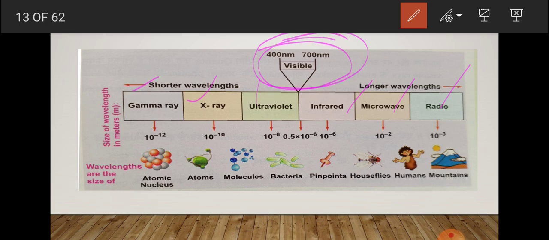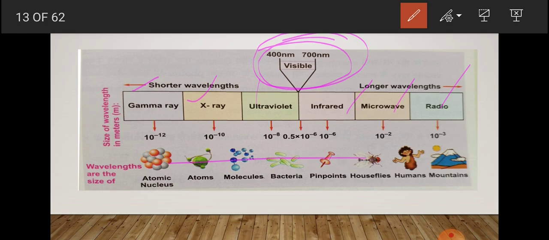After 10 to the power minus 6 second, they will return back to their original place. And when molecules come back to their normal energy state, they emit radiations in various regions of the electromagnetic spectrum. When they are absorbing the energy, they are moving to a higher level. When they are coming back to a lower level, they are emitting the energy.